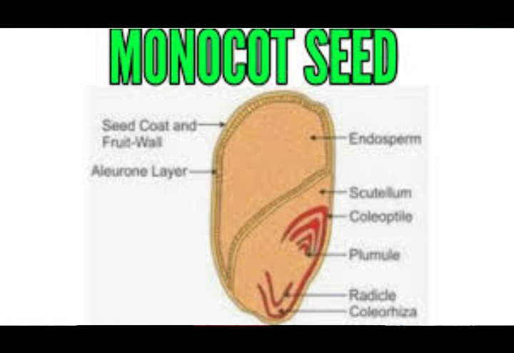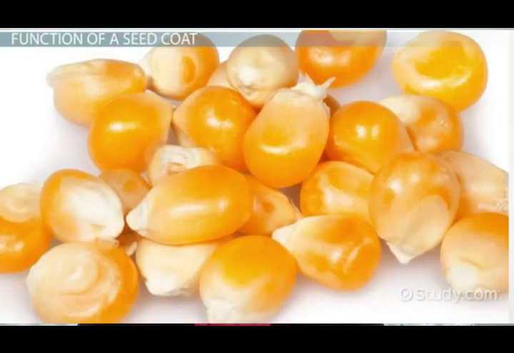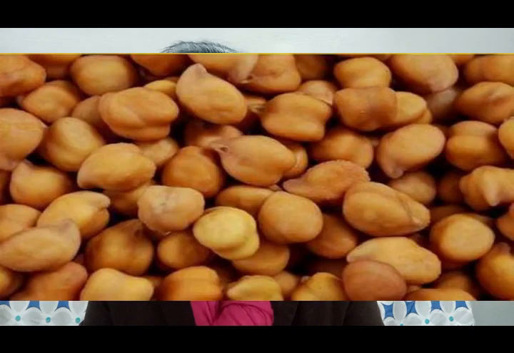Food is stored in some other part of the seed. For example, maize, rice, and grass. Now dicot seeds have two cotyledons inside them. They are thick and fleshy and store food. For example, pea, beans, and gram.